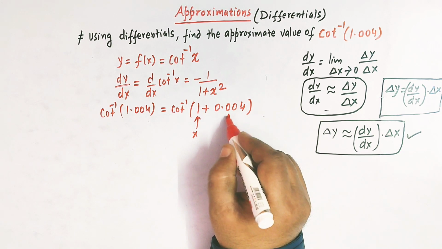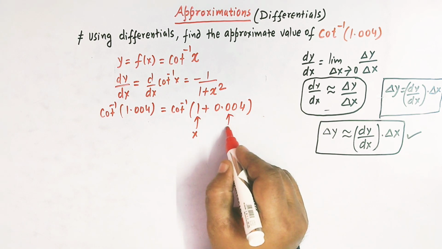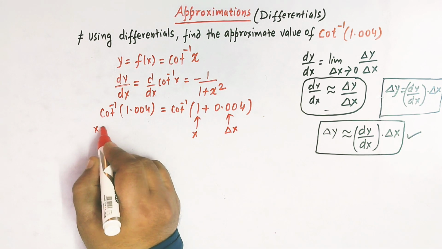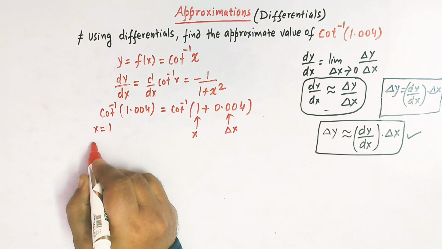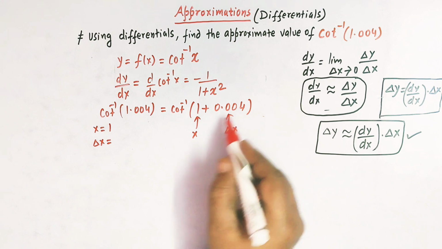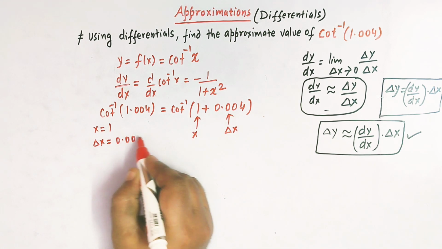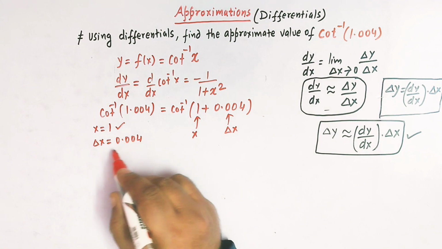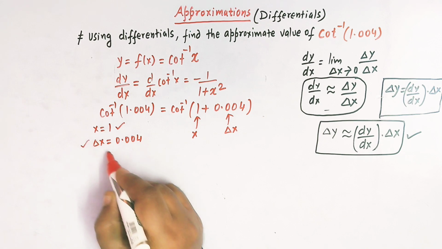So we can treat this 0.004 as delta x. So now we have x equal to 1, and the small increment in the value of x is 0.004. So now we have the value of x and the increment delta x.